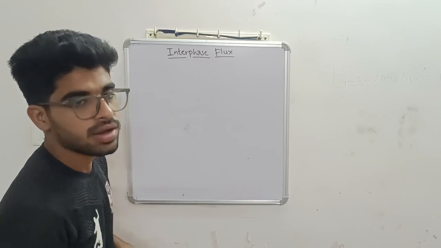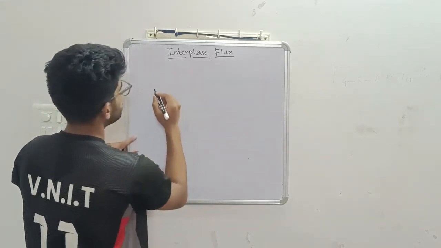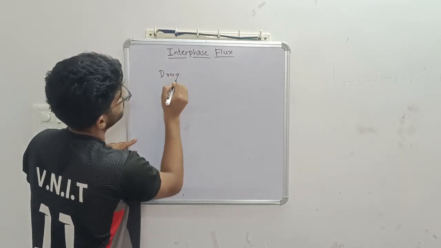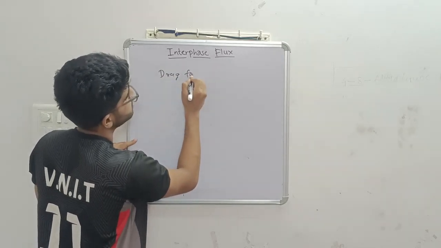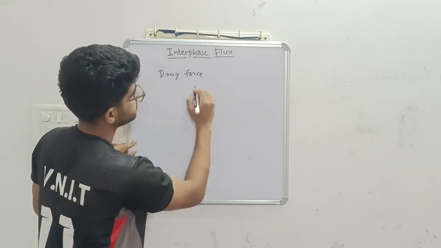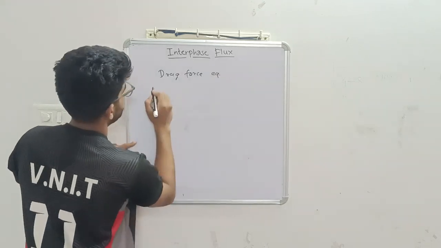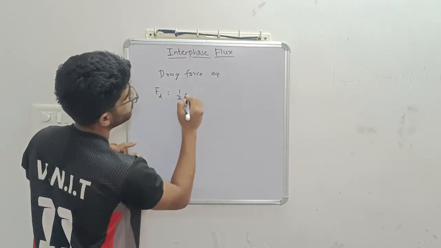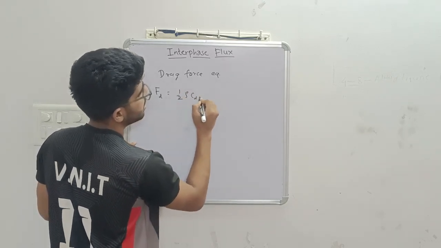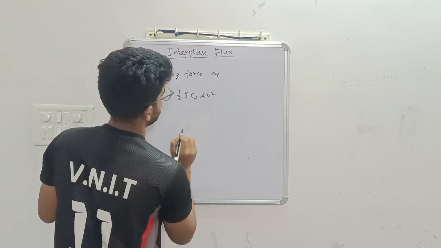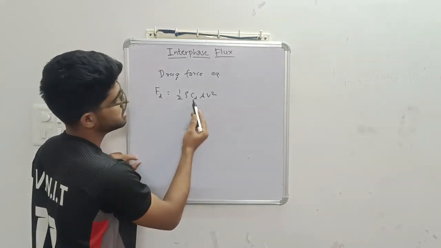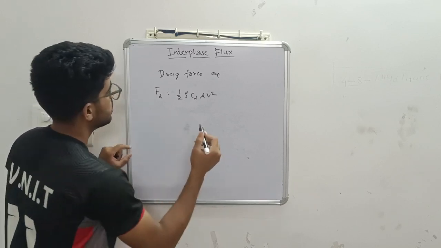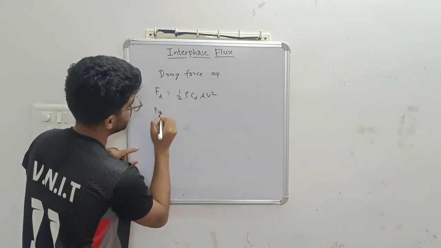Here we require two main equations. The first one is our drag force equation, which can be written as Fd is equal to half rho CD A into velocity square. As you know, rho is equal to density, CD is equal to drag coefficient, A is equal to area, and V is equal to velocity. Another equation is power consumed.